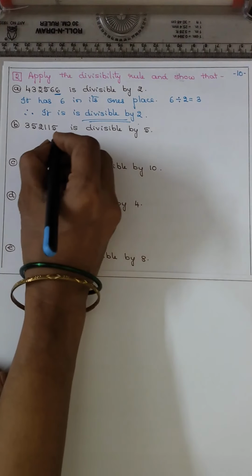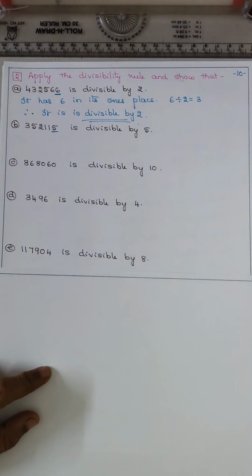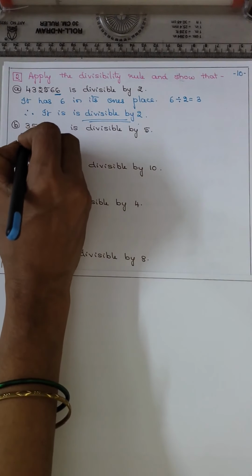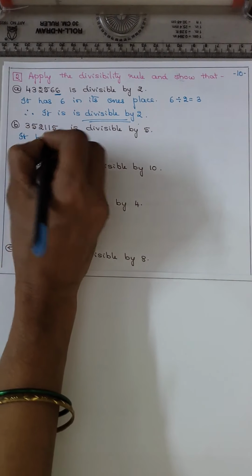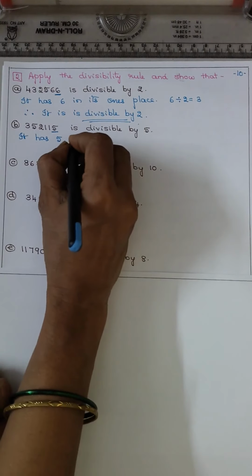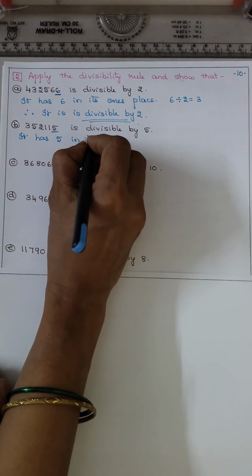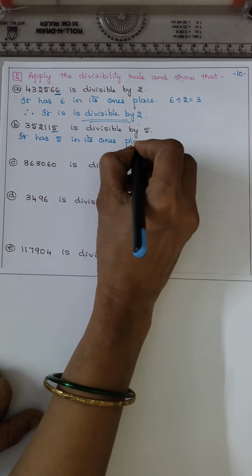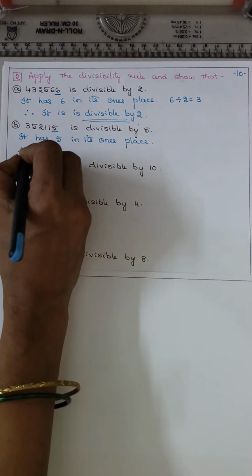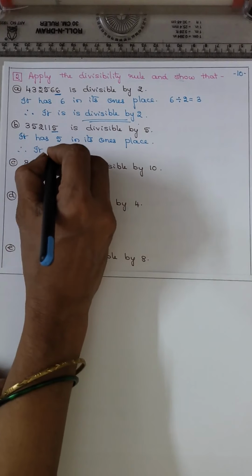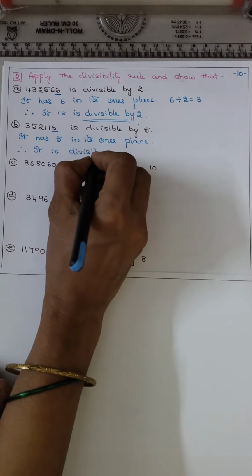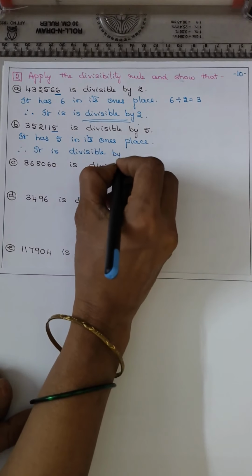Now for 5, underline 5. It has 5 in its ones place. Therefore, it is divisible by 5.